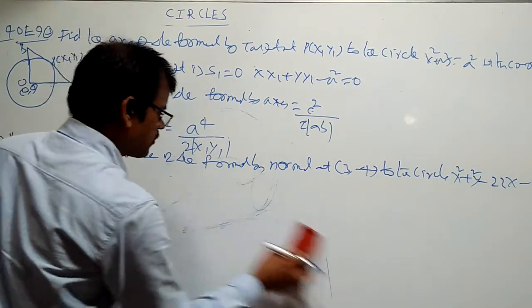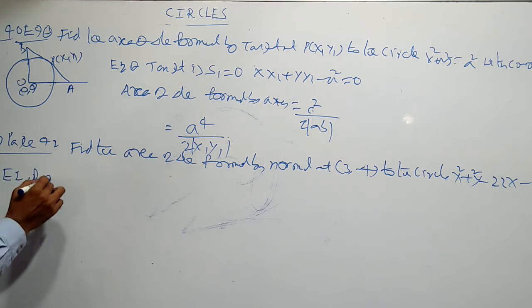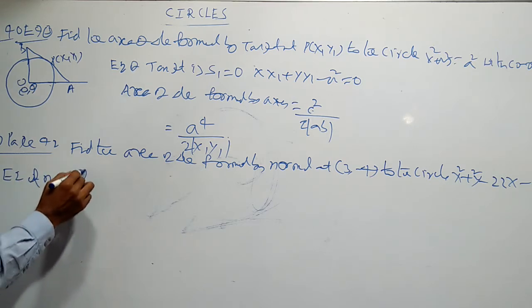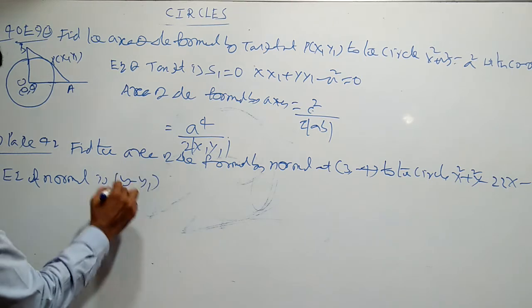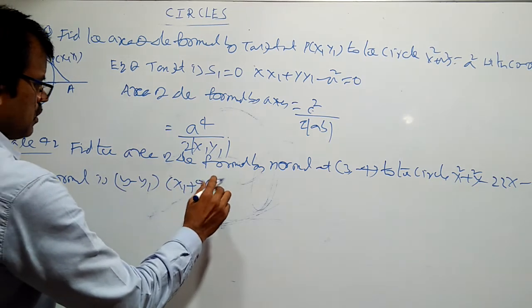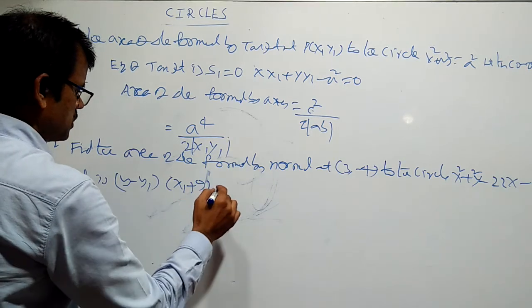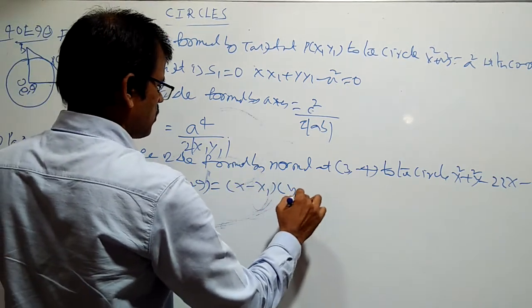What is the equation of the normal of the circle x square plus y square plus 2gx plus 2fy plus c equal to 0? We showed the proof also. The formula is (y minus y1)(x1 plus g) is equal to (x minus x1)(y1 plus f).